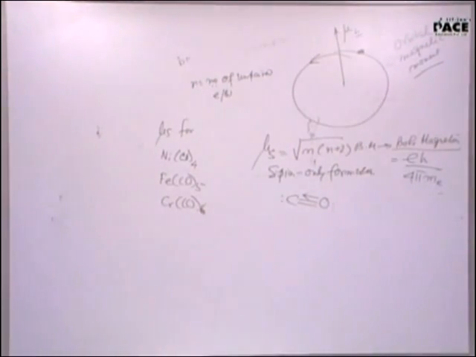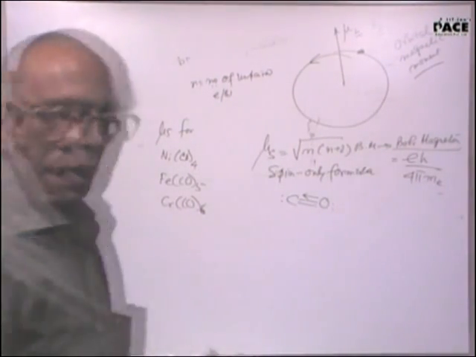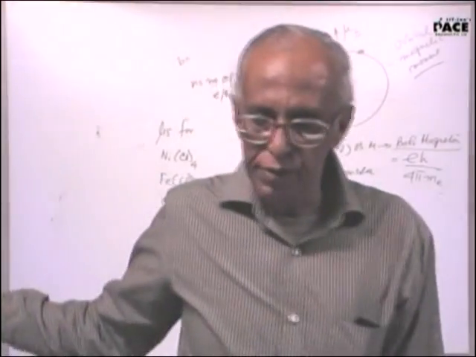You can see that carbon monoxide does not have any unpaired electron.